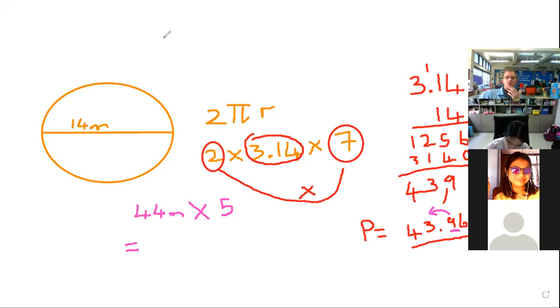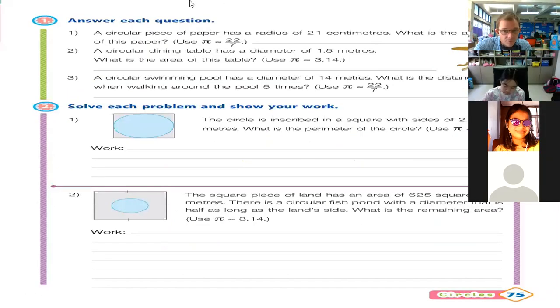Anyone tell me 44 times 5 equals? 220. 220 meters. So in our answer, we will write over here 220 meters.